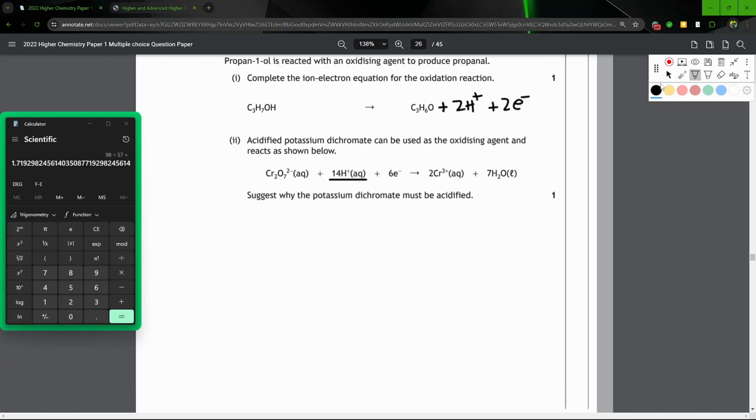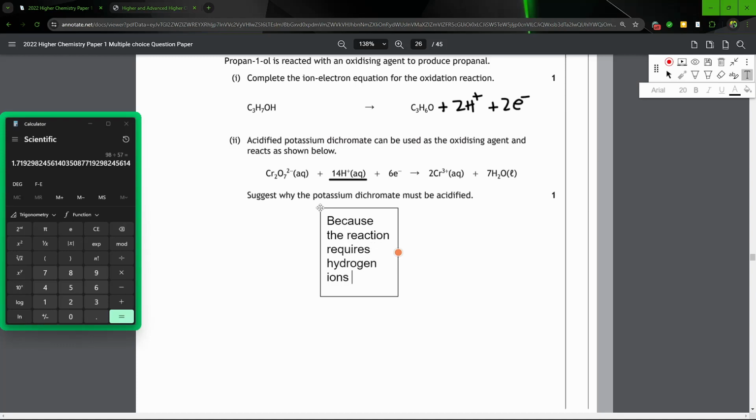We need hydrogen ions. So there we go. Because the reaction requires hydrogen ions that are provided by the acidified potassium dichromate.